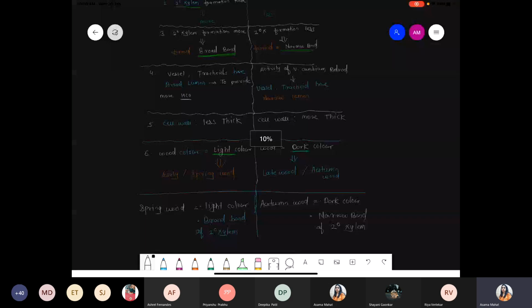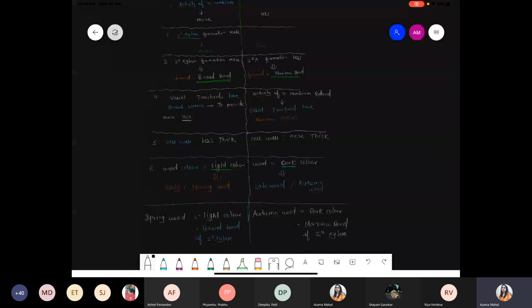Okay. So tomorrow we'll discuss that spring wood and autumn wood, which are formed during the favorable and unfavorable condition respectively. They join with each other and now form one annual ring. An annual ring is the method by which we can find out the age of the tree, by counting the annual rings.